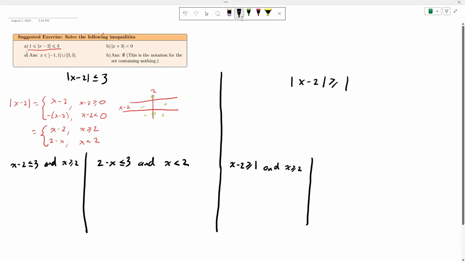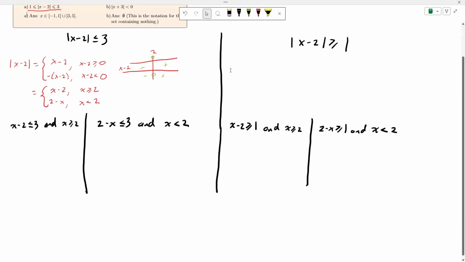And we also have 2 minus x is greater than or equal to 1, and x is less than 2. So now we've got to solve each of these 4 problems individually.